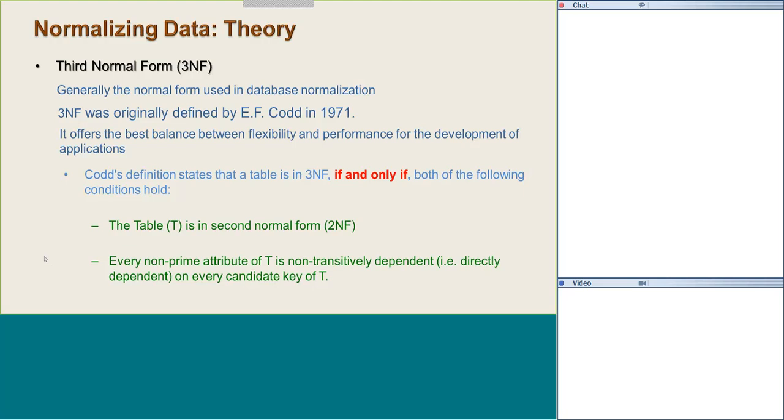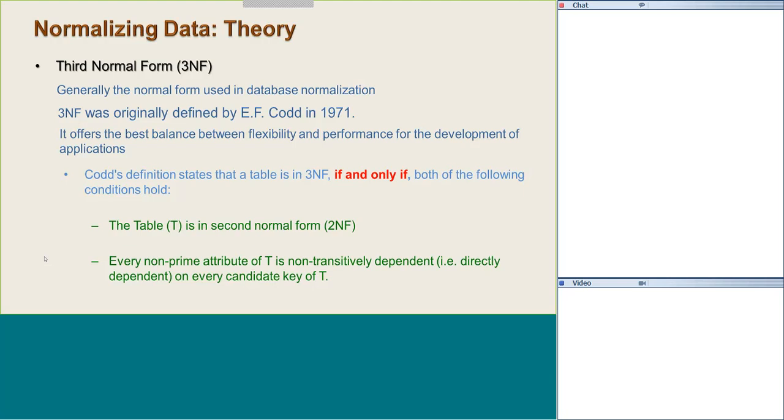Second normal form allows you to have fields that are only dependent on part of the key. Third normal form specifically says your non-prime attributes, your data elements, must be dependent on the whole key of the record.